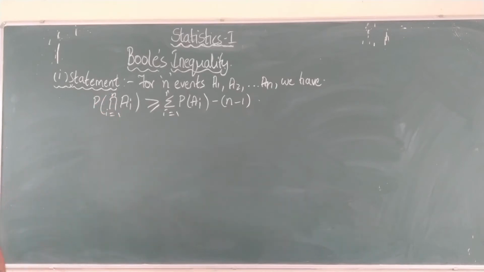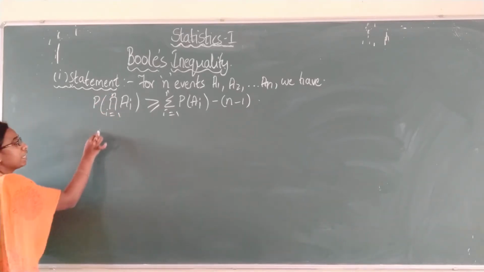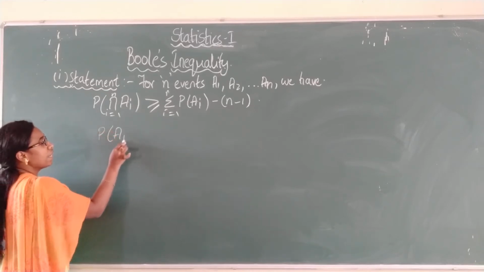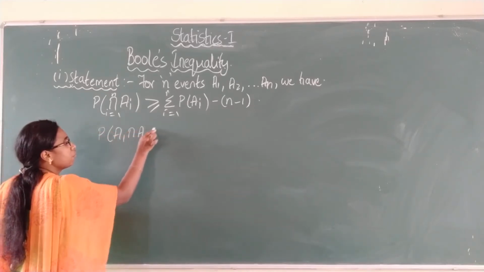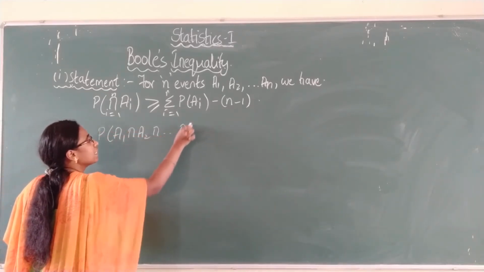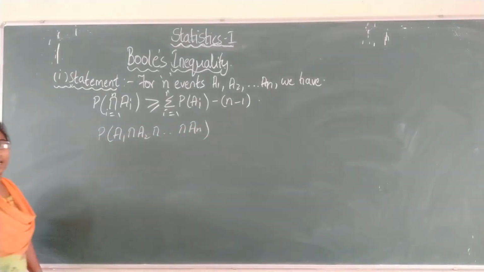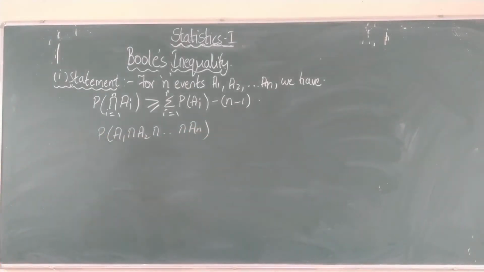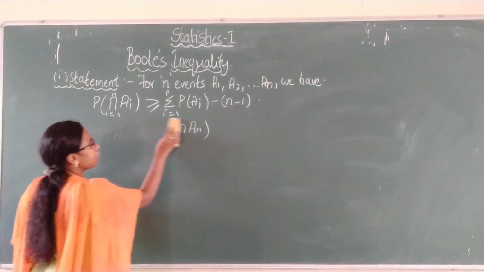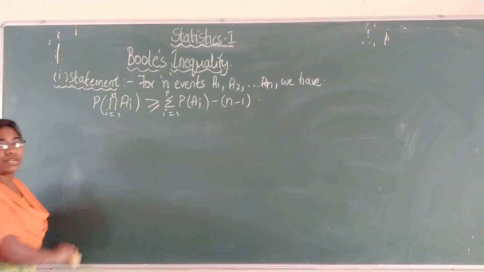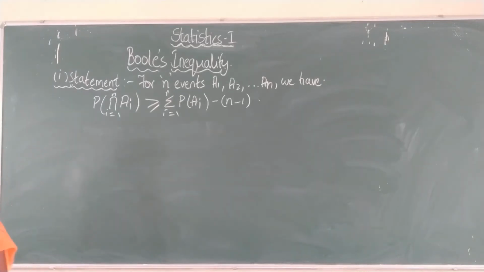Here it means the probability of A1 intersection A2 intersection, and so on, intersection An. That means the probability of the intersection of all the terms. Just as we write the union for i equals 1 to n, similarly we can write the intersection of these n terms also.